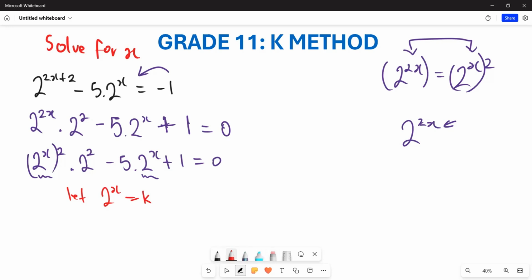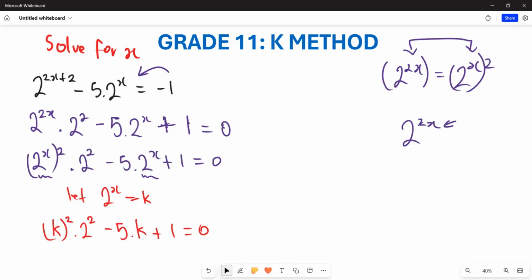Now that you have that, this is going to be the same as k, close bracket, squared, multiplied by 2 squared, which is the same as 4. But let's just write this as 2 squared so that you understand. This is going to be 2 squared, subtract 5 multiplied by k, plus 1 equals 0. So what does this basically mean? Now this is going to be the same as what?